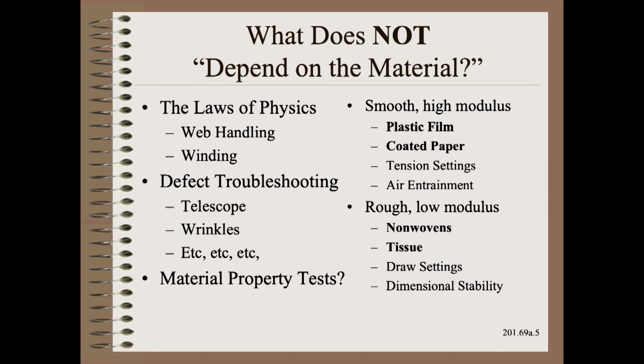We can also expect that dimensional stability, such as for meeting length, width, and thickness, will be challenging for both nonwovens and tissue and other materials that have similar material properties, regardless of their chemistry.